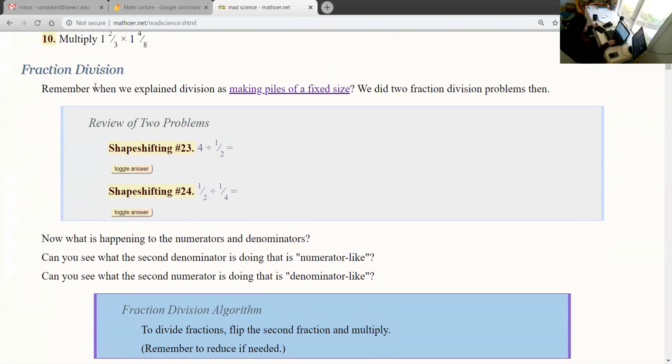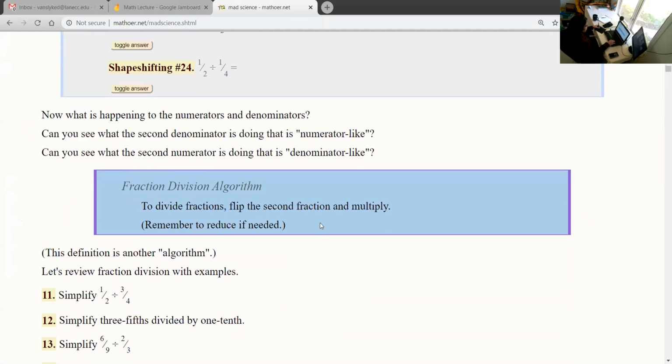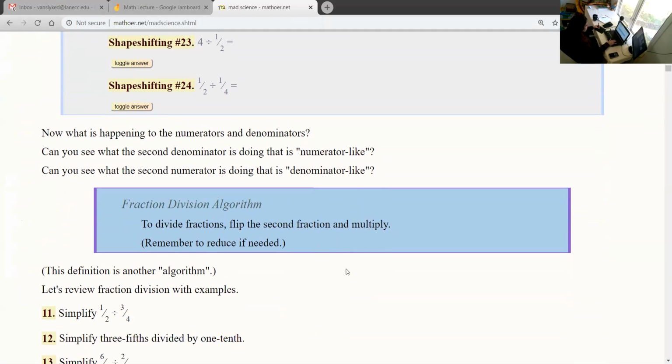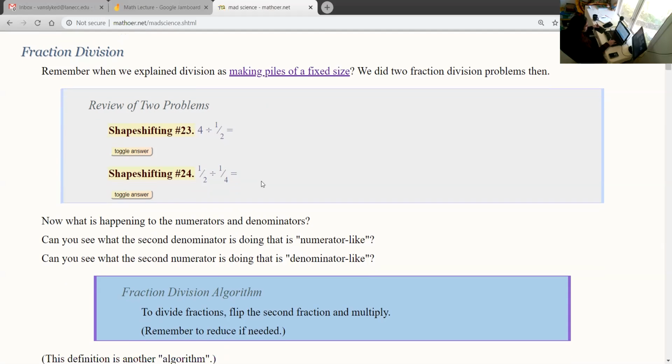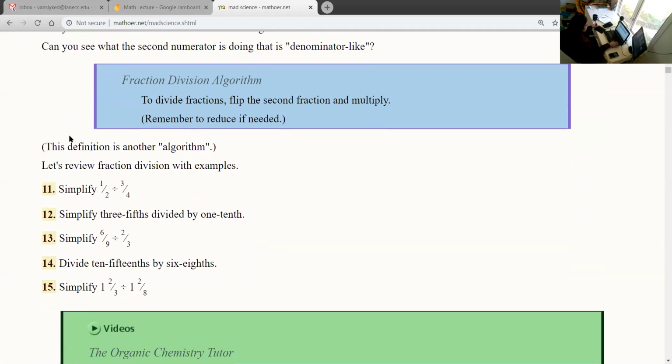Okay, for fraction division, we do the same thing, but we flip the second fraction and multiply. And if you memorized that before but never understood it, go back to when we were making piles of a fixed size and I was ripping up tickets. Maybe you had papers to rip up. See if it helps you understand why.